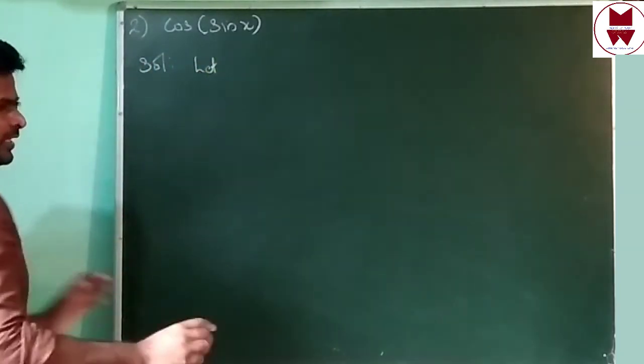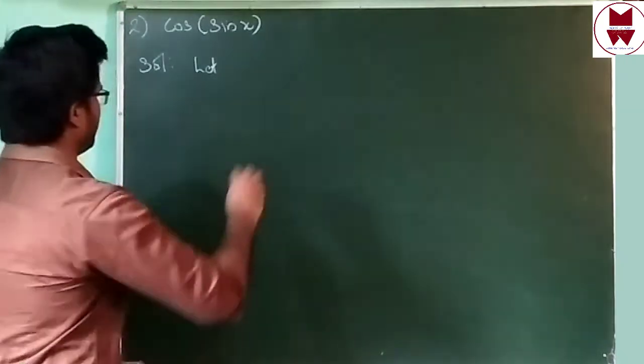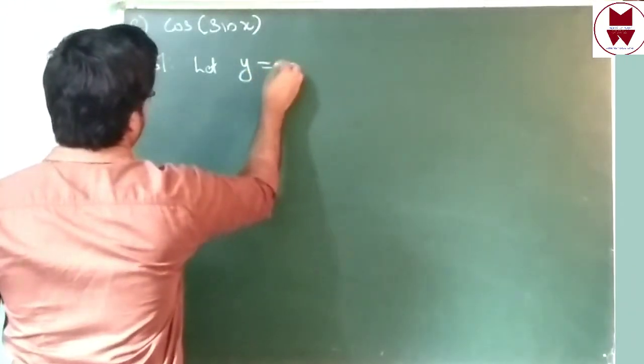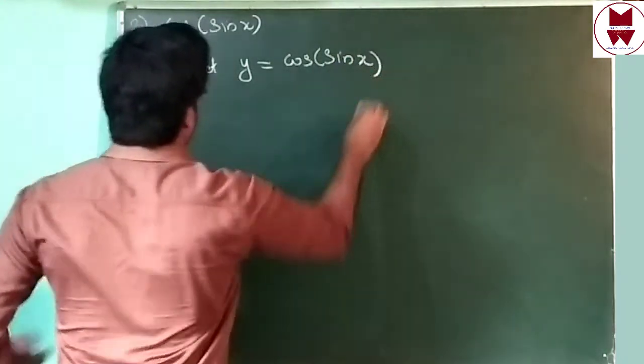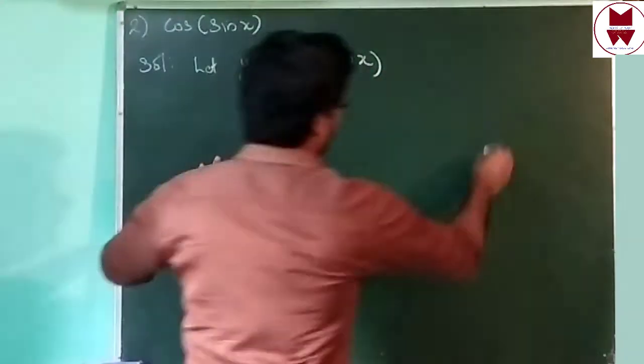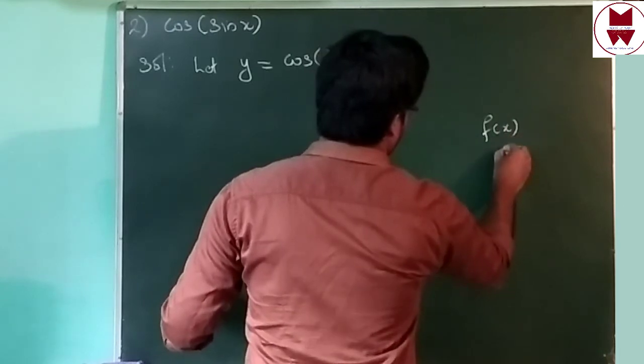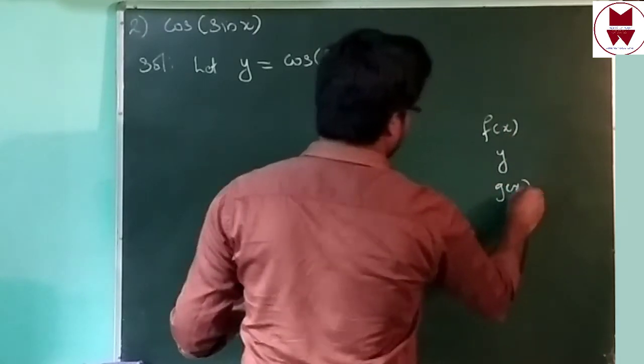Let, before I give f of x, okay, then another name I am going to give here, y, equal to cos(sin x). Any name you can give. Commonly we used to give f of x and y, sometimes g of x, like that.